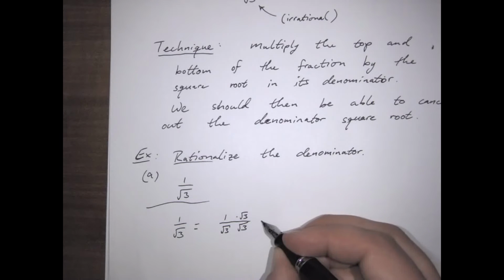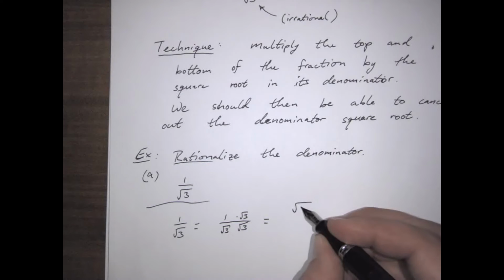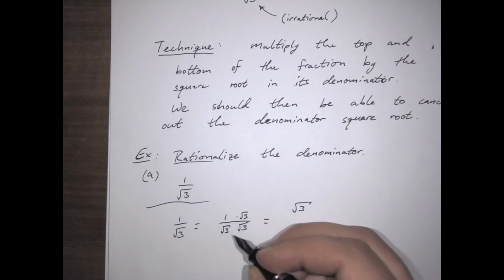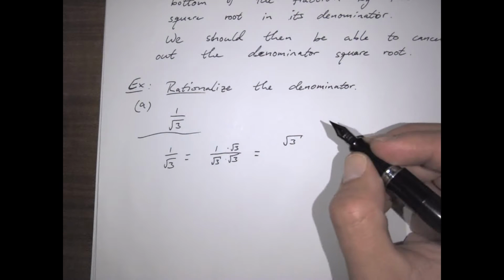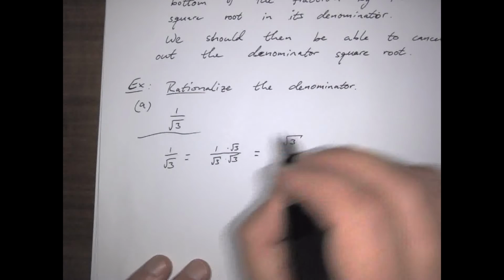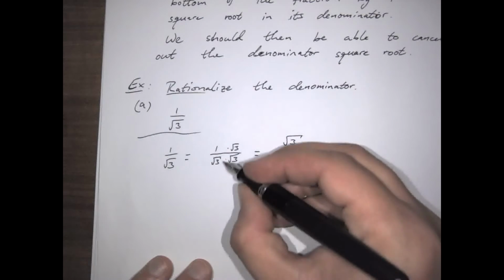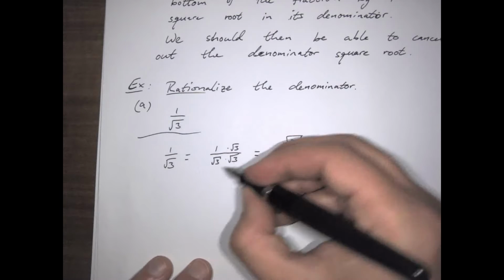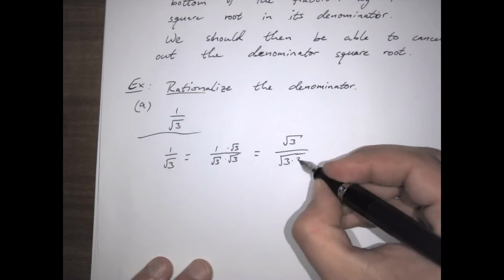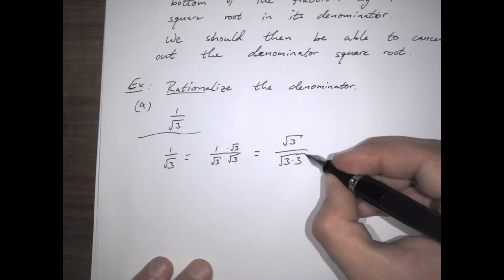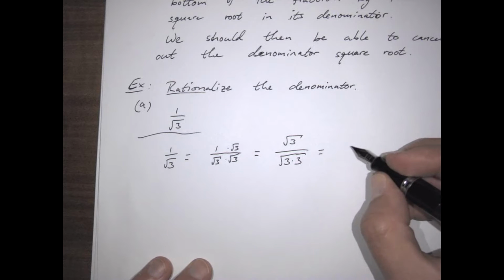And the reason for doing this is upstairs, there's not much going on, but downstairs, remember, if you're multiplying together things that are each within a square root, you can actually bring the square root out to the outside of them both. And so it'd be square root of 3 times 3. Now 3 times 3, of course, is equal to 9, in other words, a perfect square.